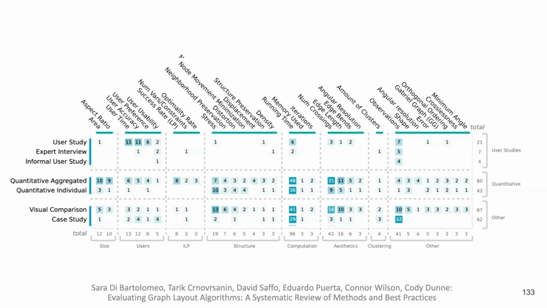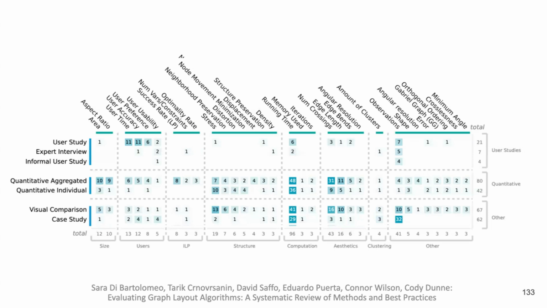And in here, you can see observations. I called observations instances where people just comment on the results of their layout algorithms, okay? You show a really nice case study, you show a picture, and then you do not focus on numerical values, you are commenting the insights. That is also valid to me. That is also a thing that you should do.